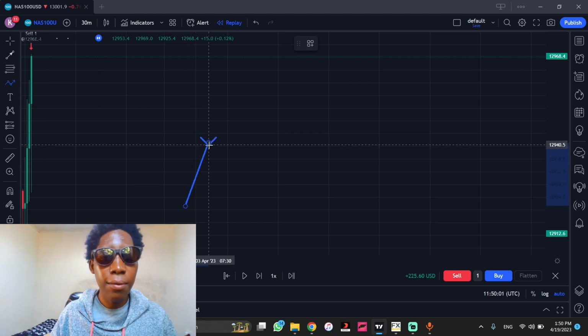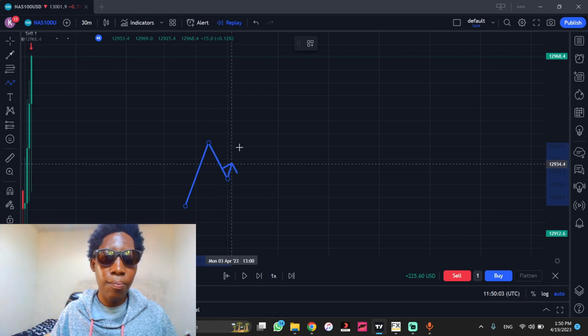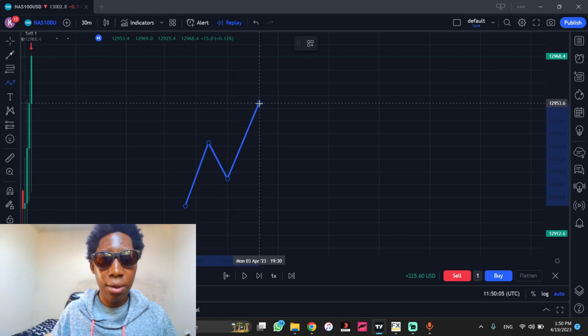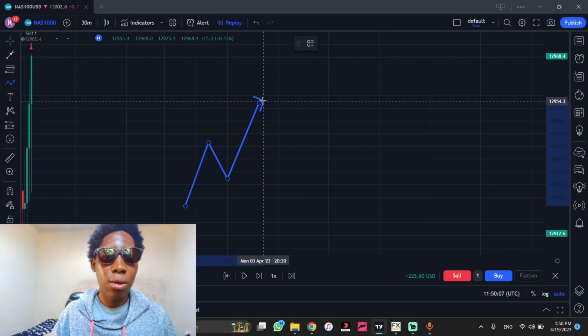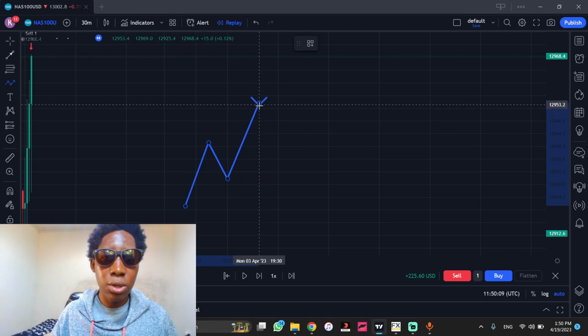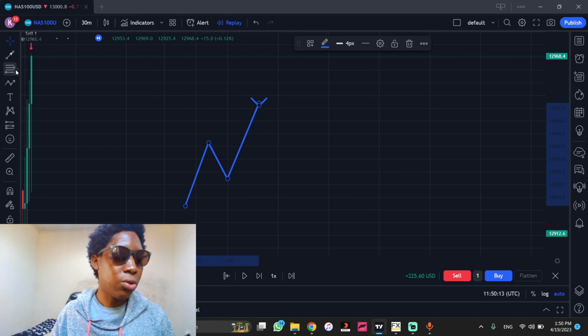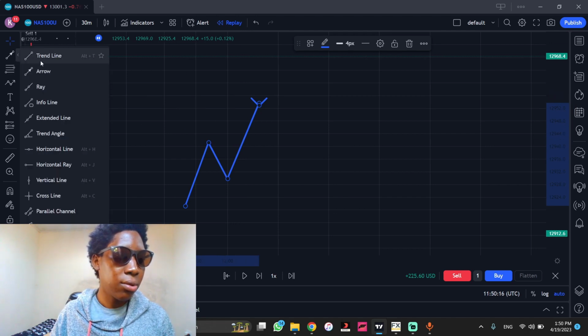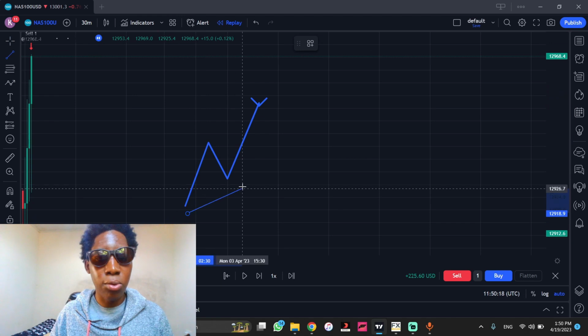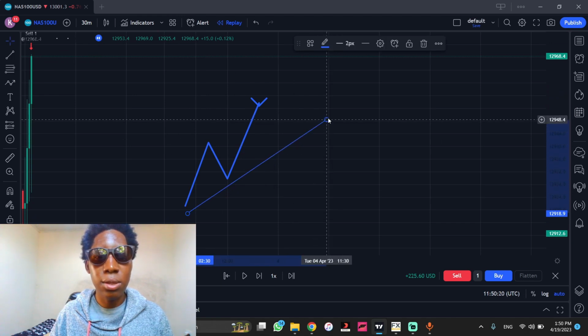Then high, higher low, higher high. At this point you simply leave it. The next step is to draw a trend line. So I'm coming here to draw a trend line just below that.